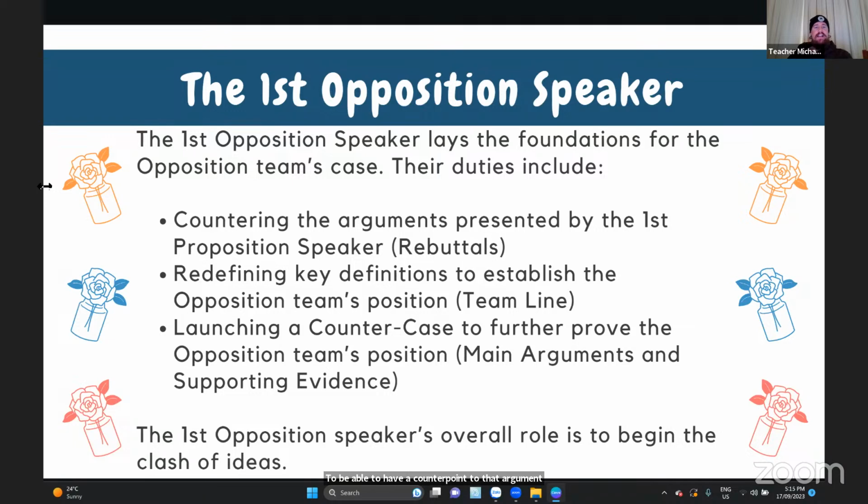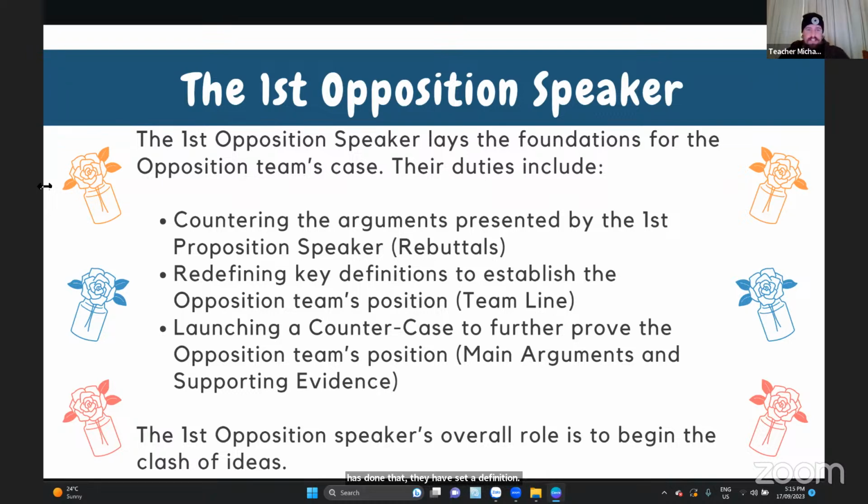Their next duty is they need to redefine key terms to establish the opposition team's position. As I said before with the first proposition speaker, it's very important for you to define your point of view. Once the proposition team has done that, they have set a definition for the motion.